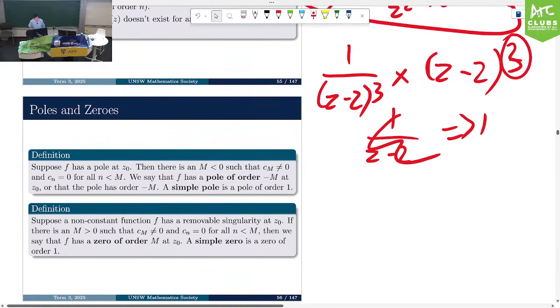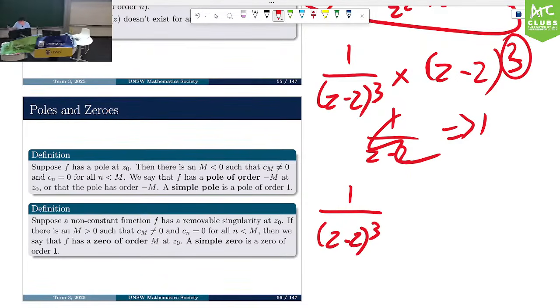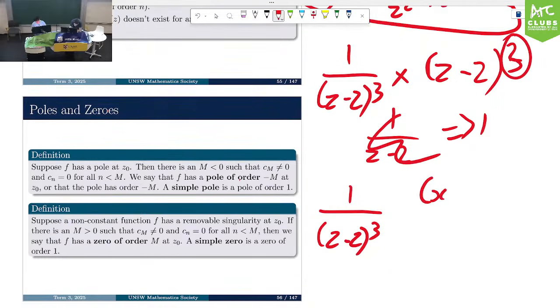All right, next. This is the thing I was saying, the pole of order. Essentially, if you're multiplying by z minus 2 cubed, that 3, it's the pole of order 3. Additionally, the easiest way I like to think about this is with polynomials, like x minus 2 cubed times x plus 1 to the 7th.